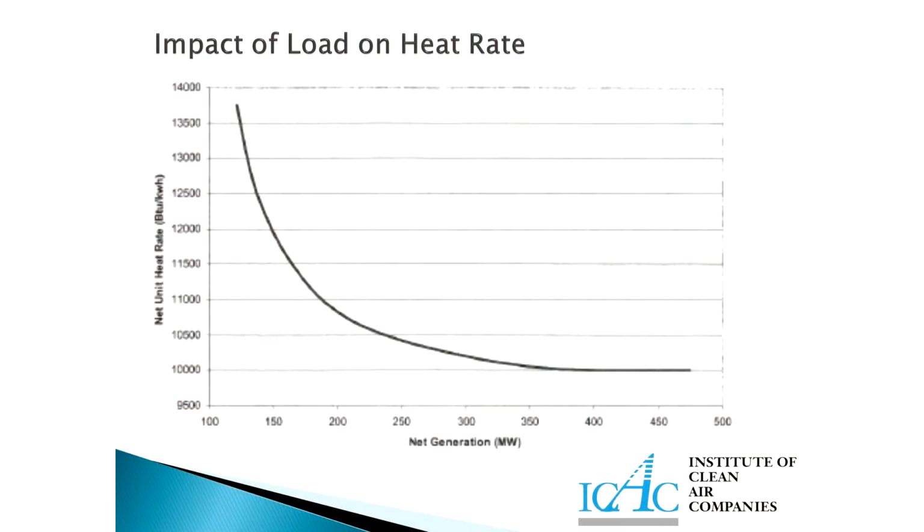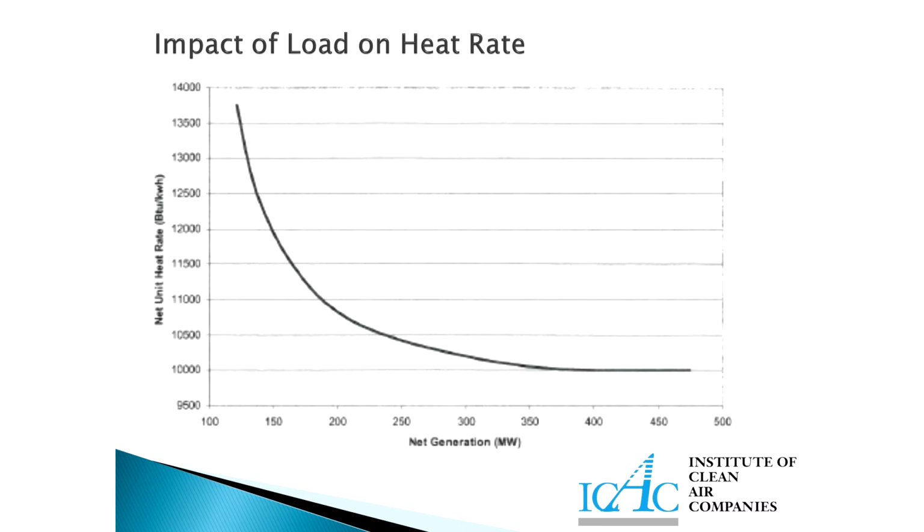All those numbers that I gave you were at full load, constant load. And this shows the generation of a typical power plant, 500 megawatt gross, or 450, I believe, or 475 net, as a function of load, meaning how much juice you're sending out the wire.